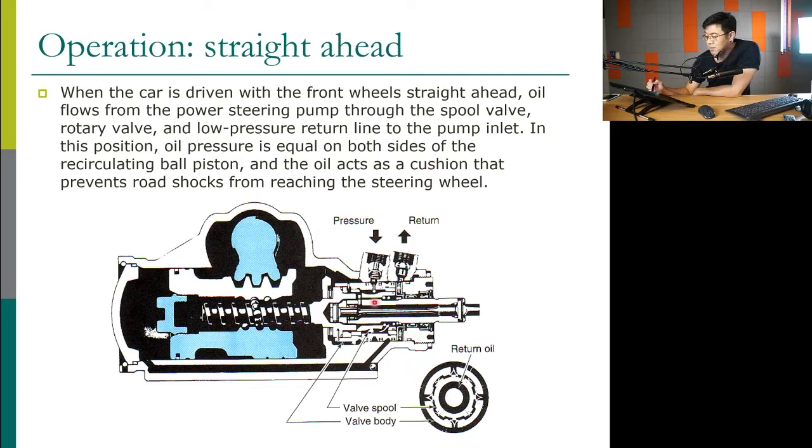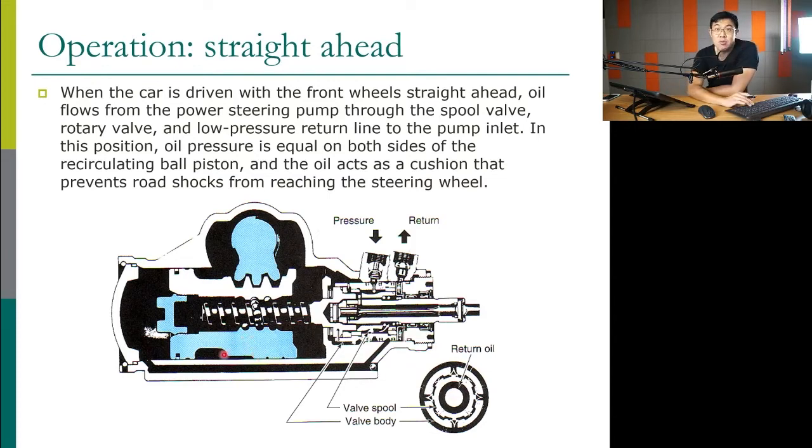Just circulate like that. It consumes power, but we need to do that. So the spool valve is in the middle. The pressure on the two sides of the cylinder is the same. So there is no assist.